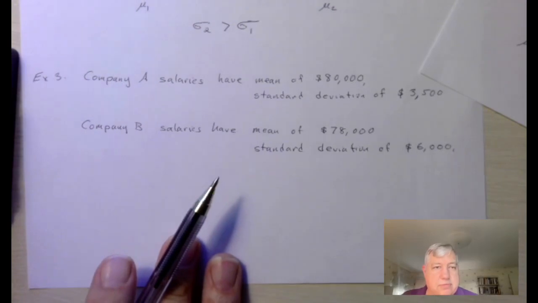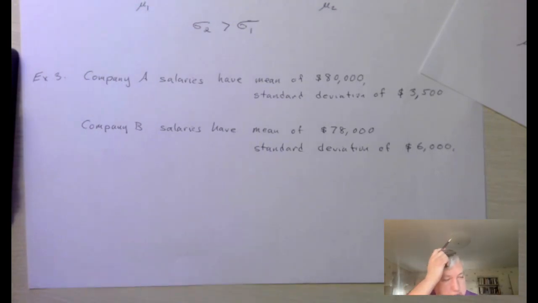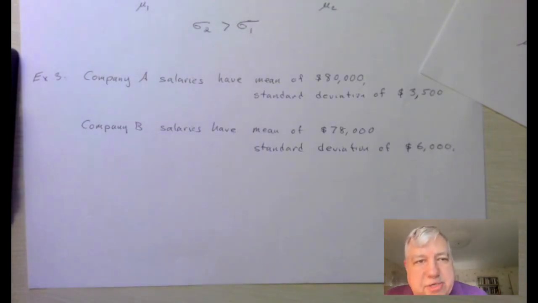Another example. Well, suppose we're given some information about two companies and the companies' salaries. Company A has a mean salary of 80,000, and Company B has a mean salary of 78,000. But as we said before, the means don't always tell us the whole story.